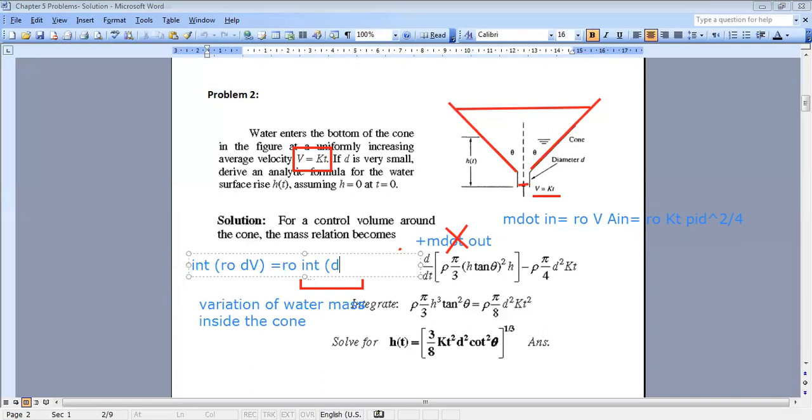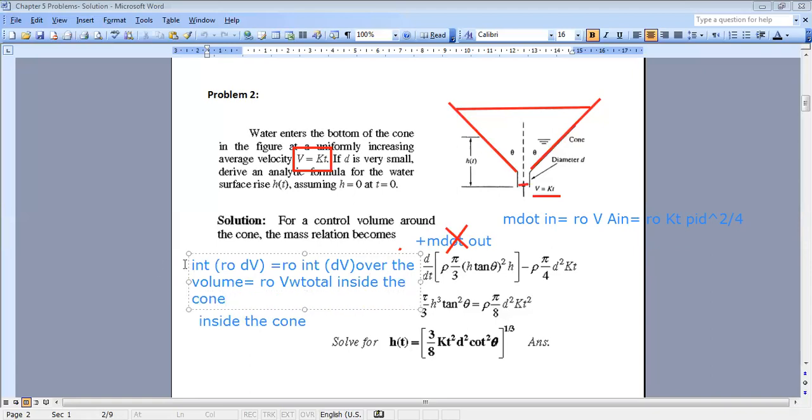When we integrate dv over the volume, we get the total volume. So it's equal to rho times V, the total volume of water inside the cone.